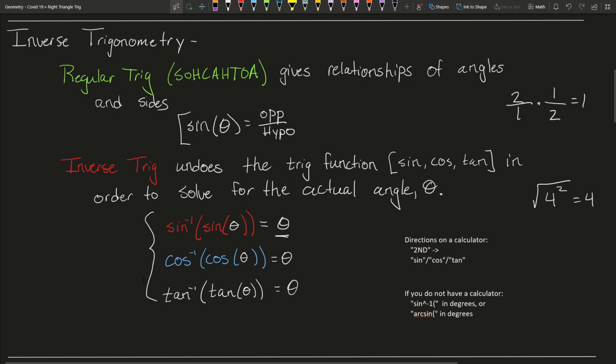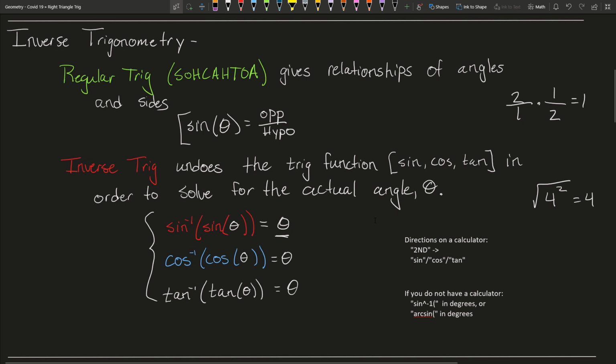Okay. So again, that sine -1, cosine -1, tangent -1 undoes sine, cosine, and tangent. If you have a calculator, now would be a great time to get it out. In order to get these on a calculator, you hit the second button, and then you hit the sine, cosine, or tangent. If you do not have a calculator, there is still a way.